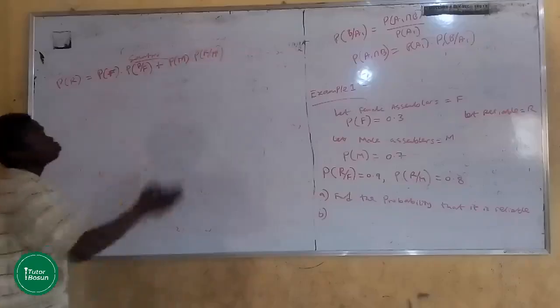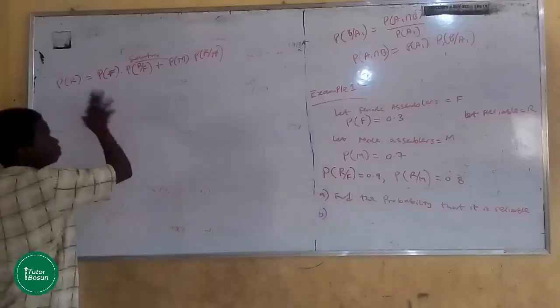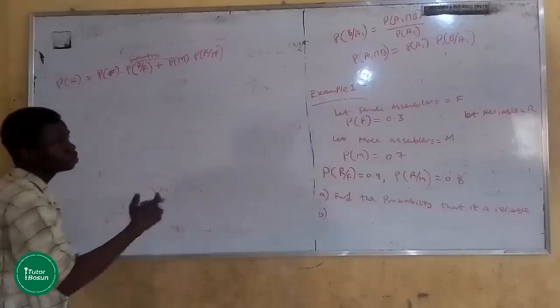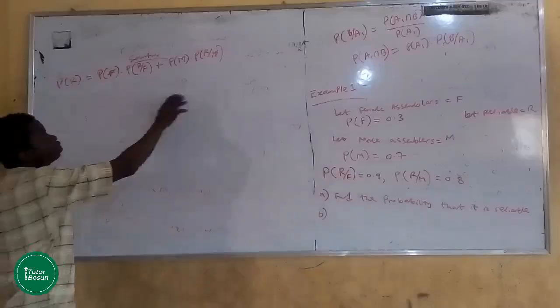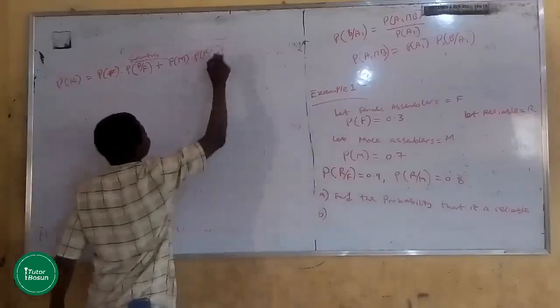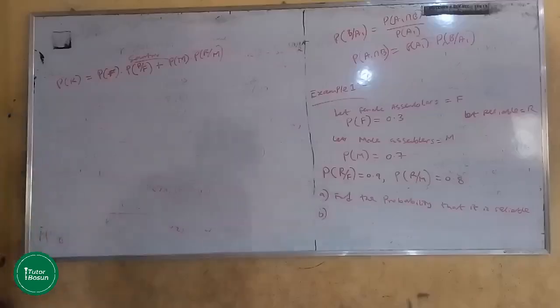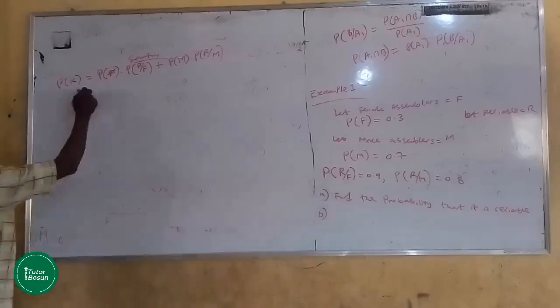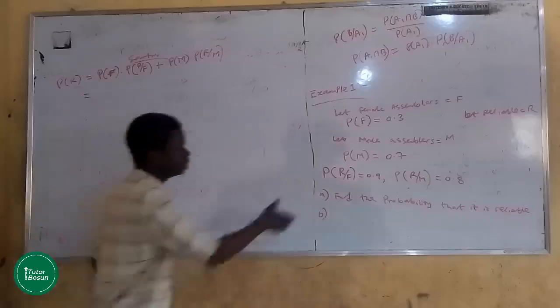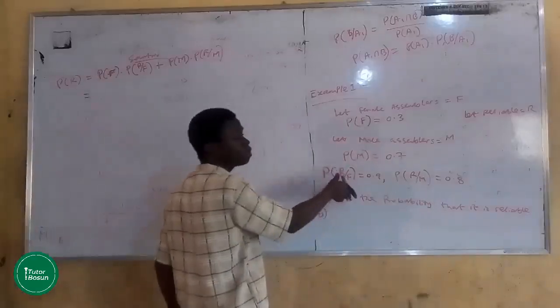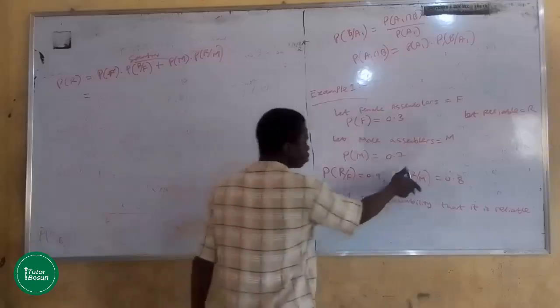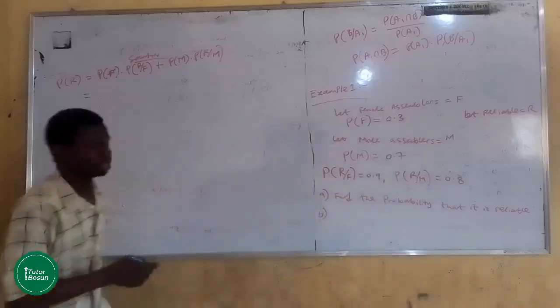Here we only have two events, though in the formula we wrote it up to 3. You can have 5, you can have 7, so the number doesn't matter. We already have the conditional probability of being reliable for female, and we also have that for male from the question.